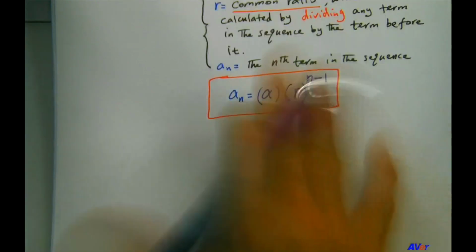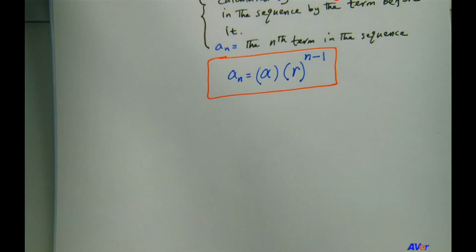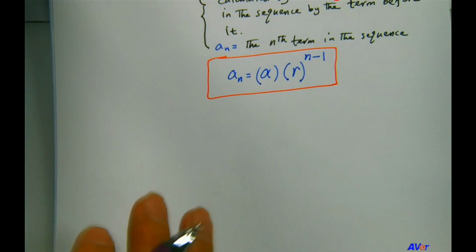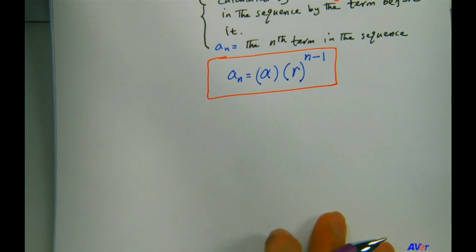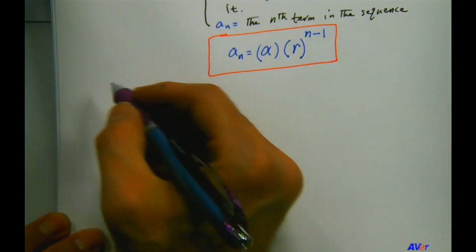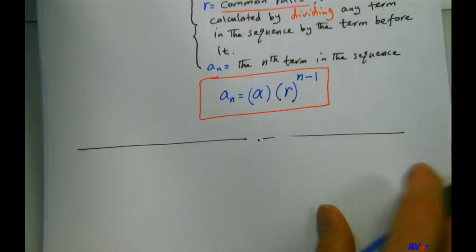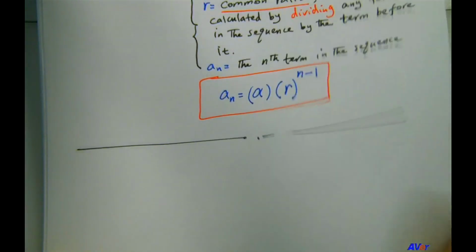Okay, talking about that, let's also introduce the formulas for the partial sum of any geometric sequence before we look at some examples. As a matter of fact, it's better if I go to a new page because I won't be able to fit all that in the rest of this page.